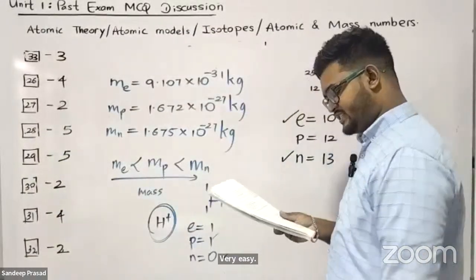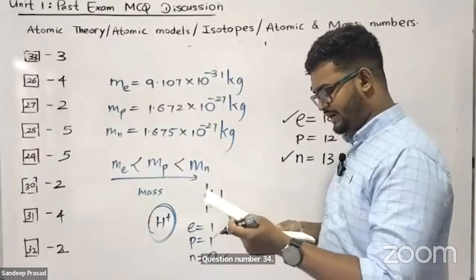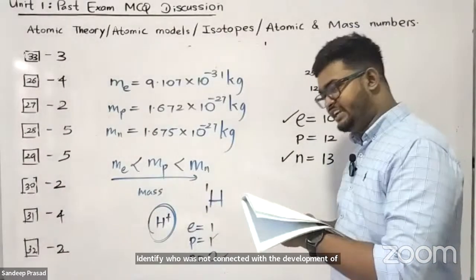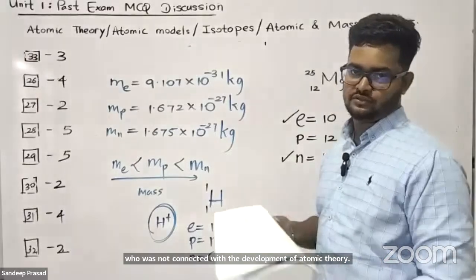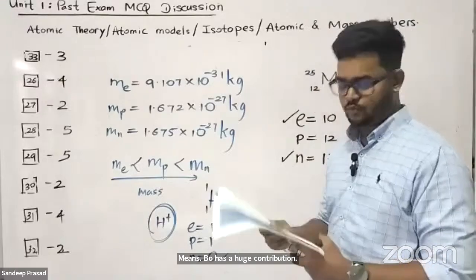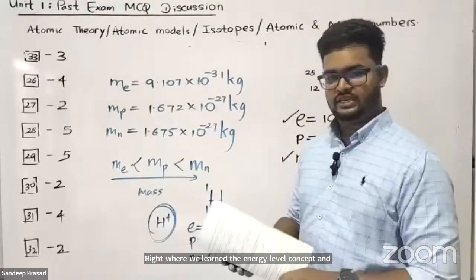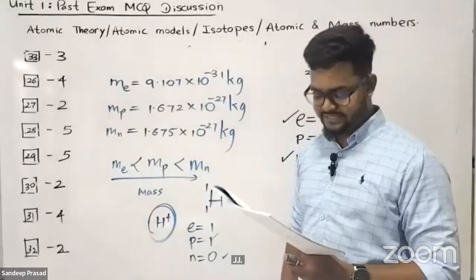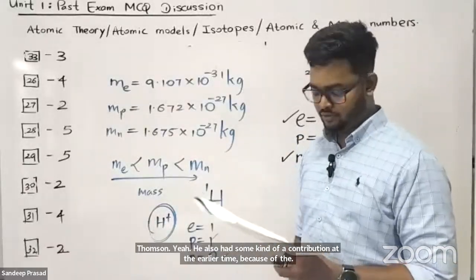Question number 34. Identify the scientist who was not connected with the development of atomic theory. Niels Bohr has a huge contribution, right? Where we learned the energy level concept and everything because of Niels Bohr. J.J. Thomson also had a contribution at the earlier time because of the discovery of electron and plum pudding.